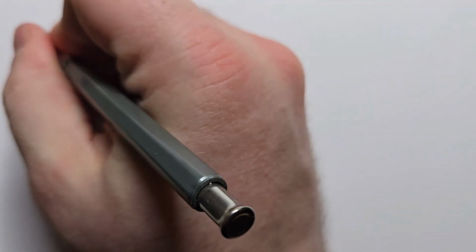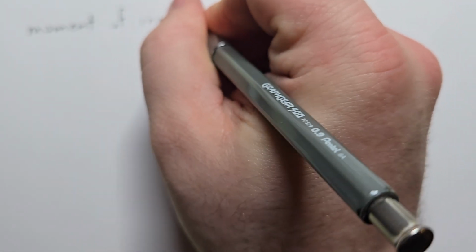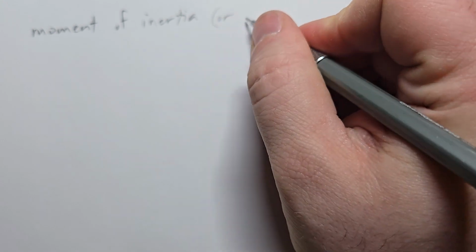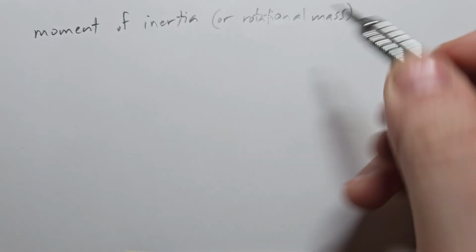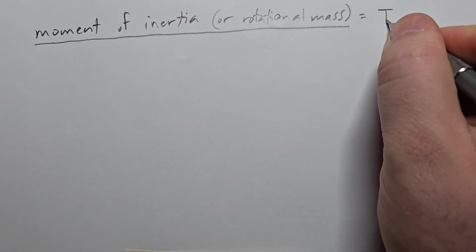We call that moment of inertia, which is the same thing as rotational mass. Moment of inertia is the far more common way you will see it described, but rotational mass is still an accurate description conceptually of what it is. The symbol for this is a capital I.